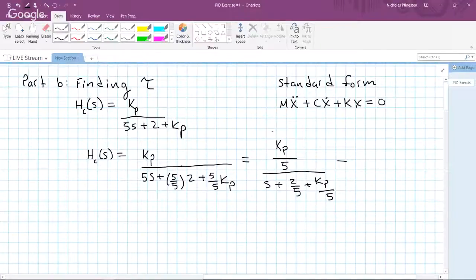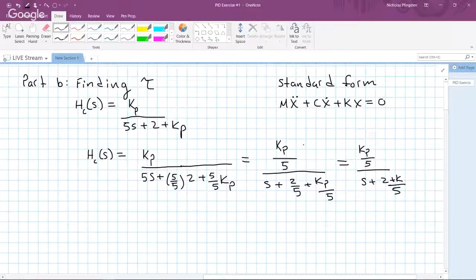So doing a little bit more work, s plus (2 plus Kp) over 5. That's as nice as it's going to look.